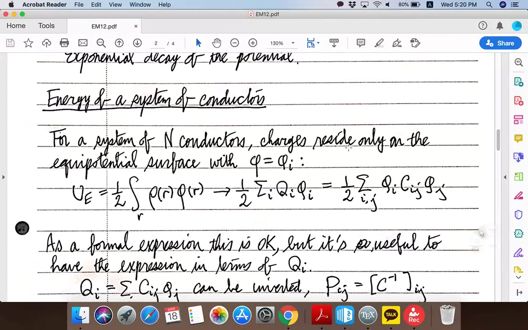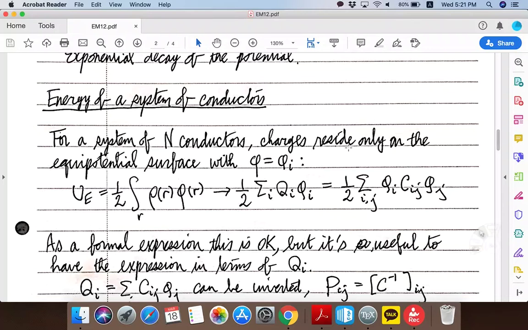Okay, now let's switch the gear a little bit and think about the energy for such a system of conductors. Now, if we have a system of n different conductors, and the beauty of having the conductors as the component is that the charges only reside on the surface of each conductor.